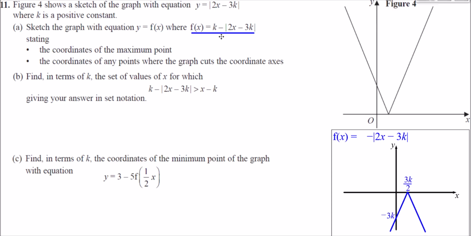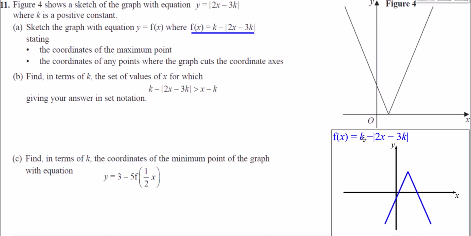But now I need to consider this k. Because f of x is actually k minus mod of 2x minus 3k, I can consider f of x as being this minus mod 2x minus 3k plus k. So imagine k being added to this. That would have the effect of moving the entire graph up k units in the y direction.